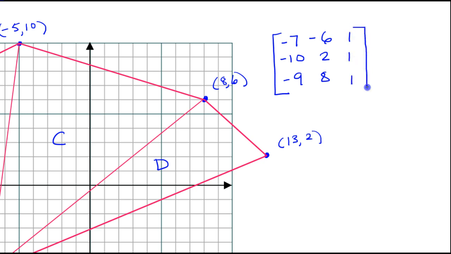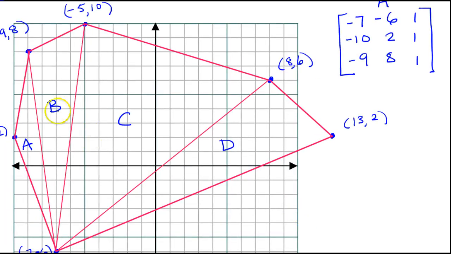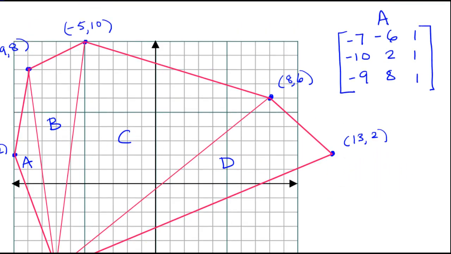So because I took this matrix from triangle A, I will call this matrix A. So I'm going to do the same thing 3 more times and make a matrix for triangle B, triangle C, and triangle D. And I'll just do that off camera.